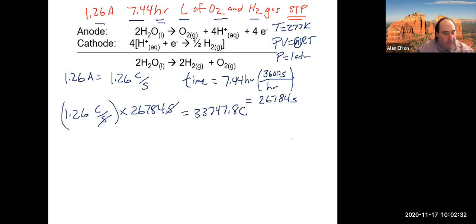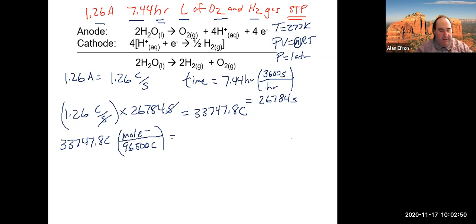At this point, we're going to use Faraday's constant like we did before to turn our coulombs into moles of electrons. So that's our 96,500 per mole of electrons. Dividing that out gets us 0.3497 moles of electrons.